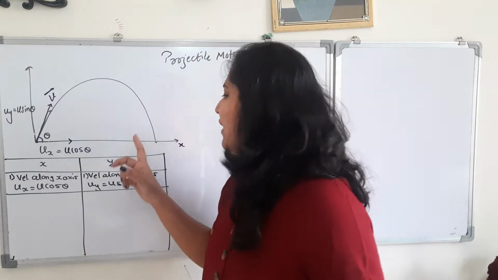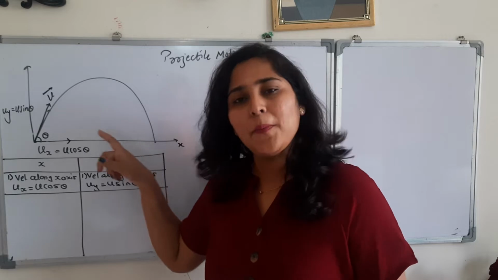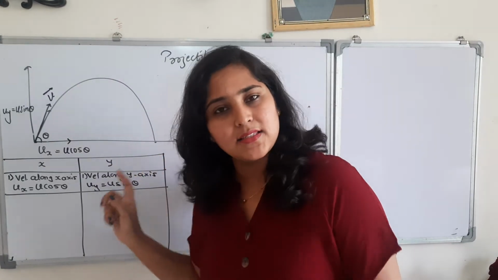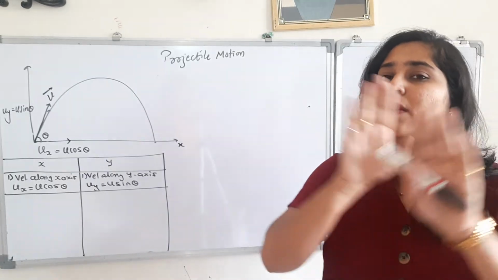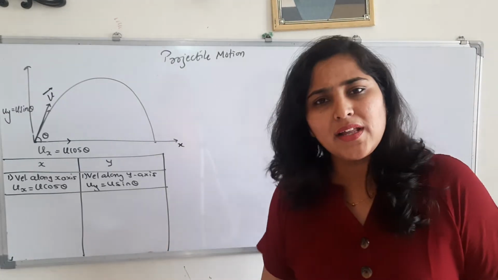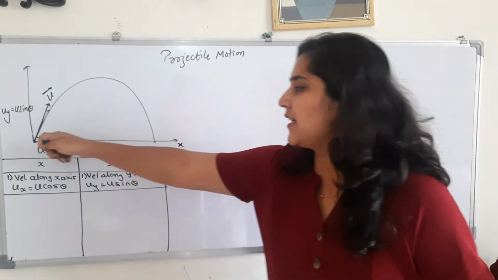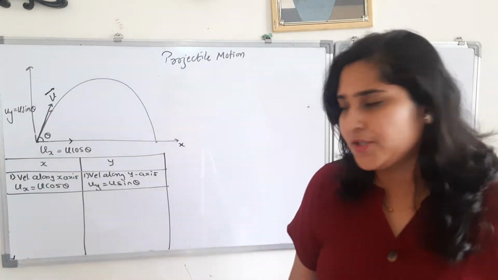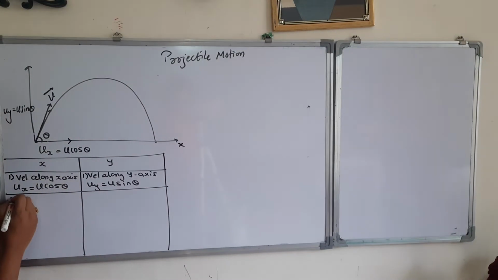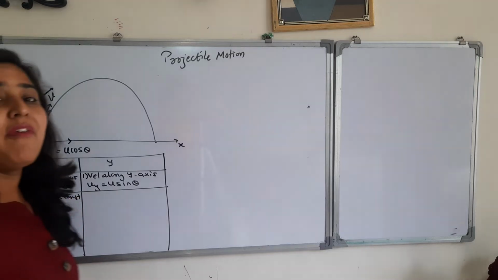No. So if there is nothing that can change your velocity, no obstacle within the path along x-axis, so velocity of projectile along x-axis will be constant because no resistance, no obstacle, no change in velocity. So your projectile will travel along x-axis with constant velocity. समझ रहे हो? So velocity along x is constant. But y पे क्या सीन है?